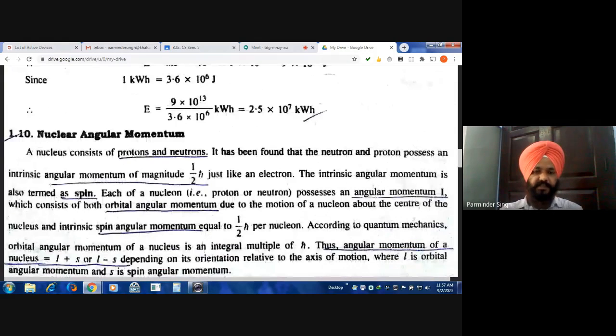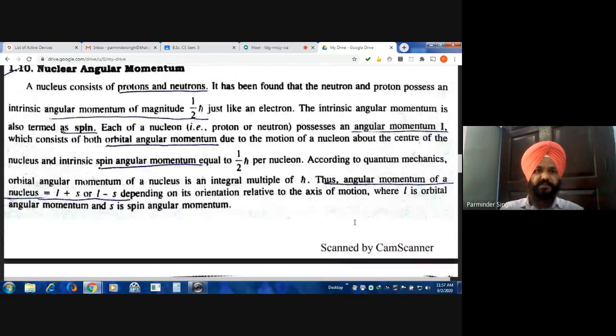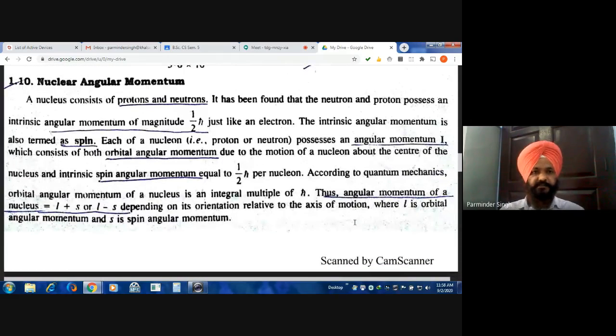Next topic is a very important topic about nuclear angular momentum. A nucleus, we know, consists of protons and neutrons. Protons and neutrons are present inside the nucleus.